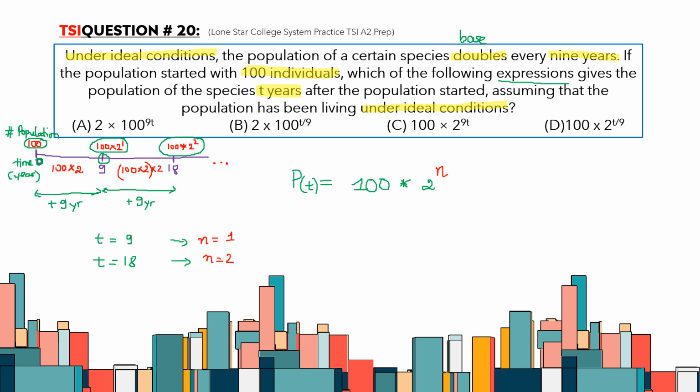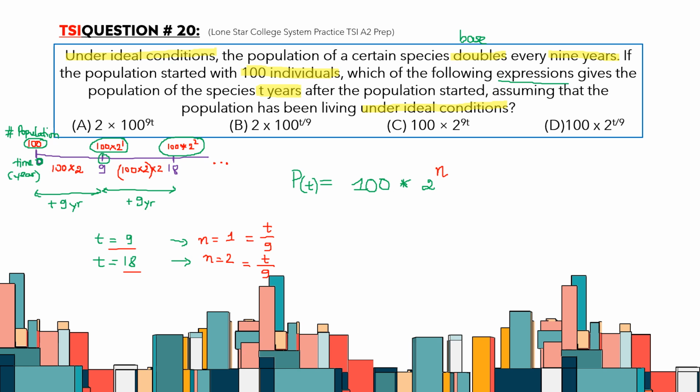So how do we represent n in terms of t? To get 1, we do t divided by 9. To get 2, we also do t divided by 9. In the first case, we have 9 divided by 9 equals 1. In the second case, t equals 18, we divide by 9 and get 2.